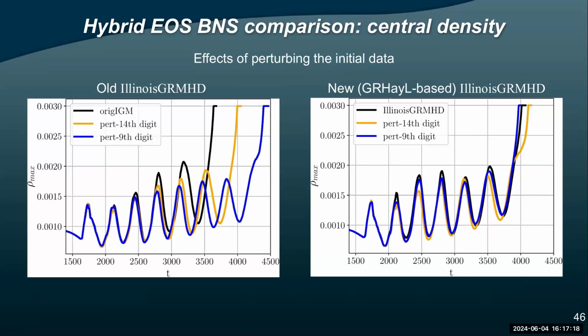Now it's a bit disguised because there's another change we made. Something in old IllinoisGRMHD preserves the central density better, but for unphysical reasons. We don't keep that, at least for now, because it lets the pressure go below the cold pressure for the hybrid equation of state, which doesn't make any sense.